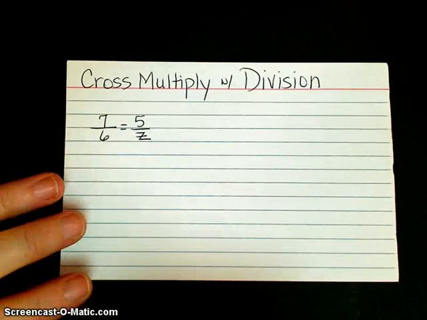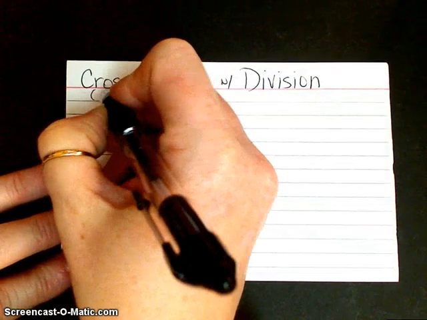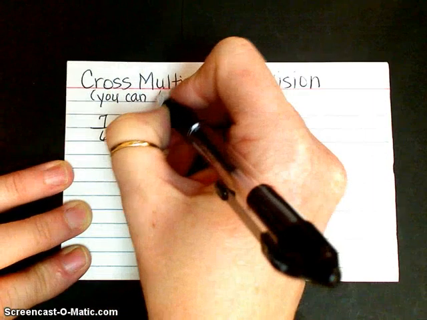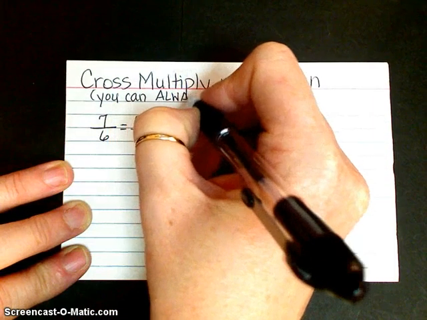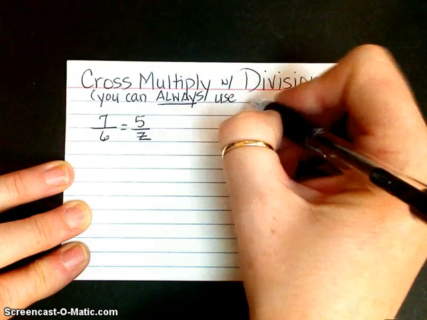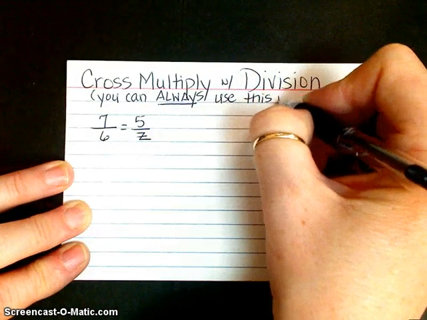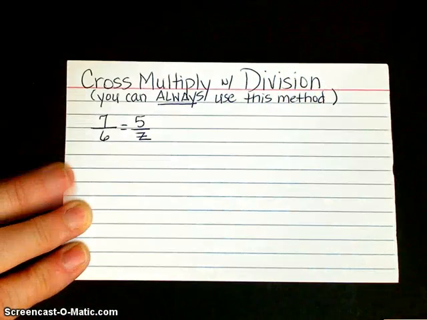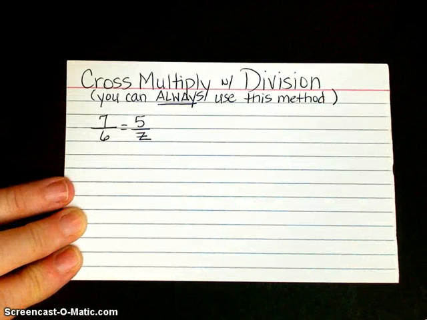This is what I want you to know, and I'm going to put this in parentheses right here. This is a method that you can always, without fail, use. So if you're one of those learners where you don't like having 3 different options, you just want to know this is the one best way to do it, and you can learn that one way and be consistent, this is it for you. Okay?